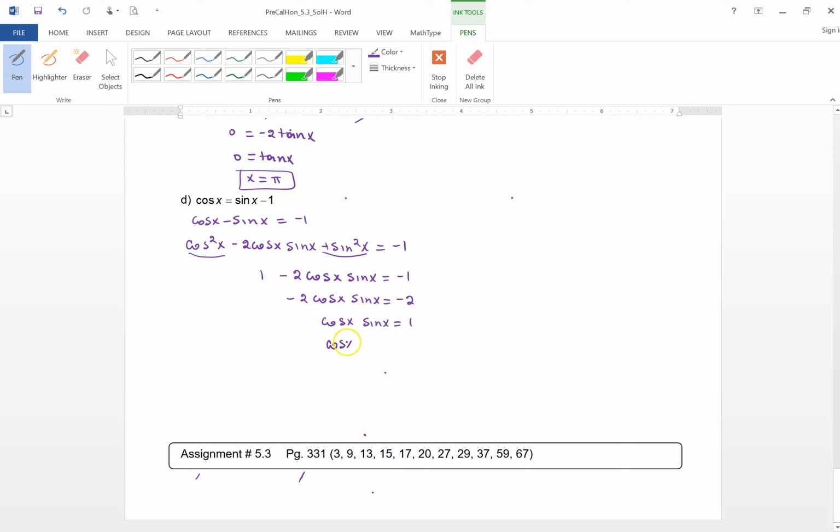Cosine x is equal to 1. Sine x is equal to 1. Okay, so when we square this, this is actually a positive 1, which means it cancels with this. So here we have that this is 0.